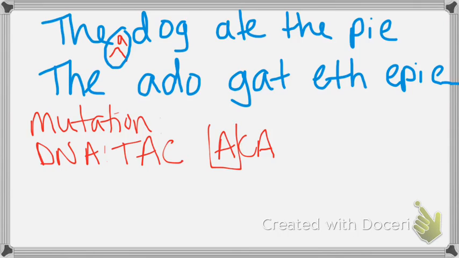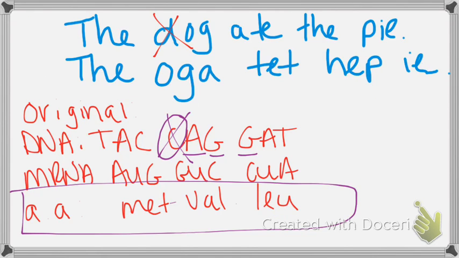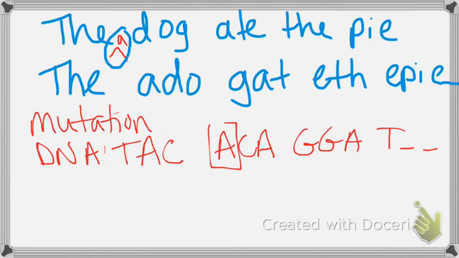This is our extra base that's been added. Okay. Then we have GGA, T something something. So remember, if we look back over here, you can see that our original DNA strand was CAGGAT. Okay, so now we have simply added an A before that C.